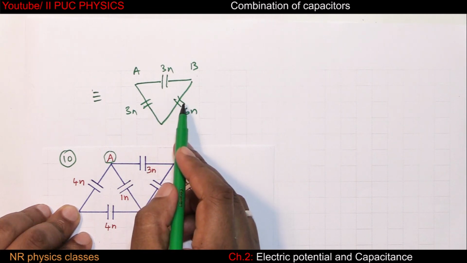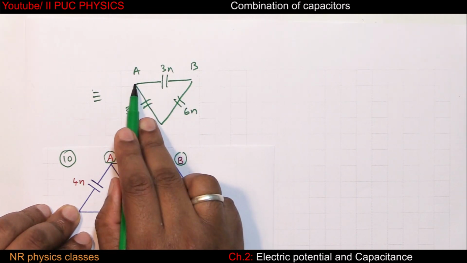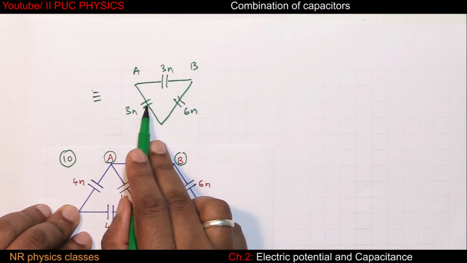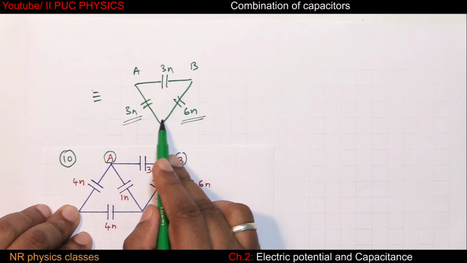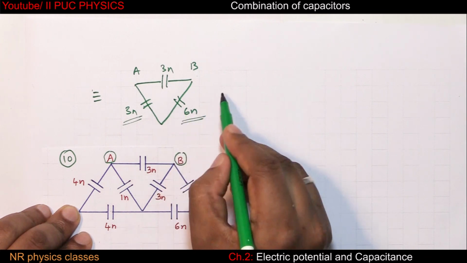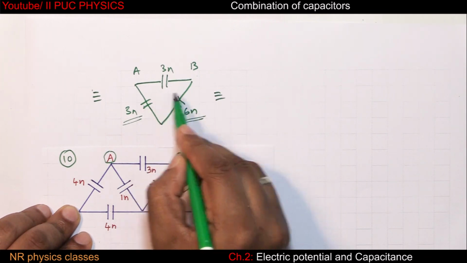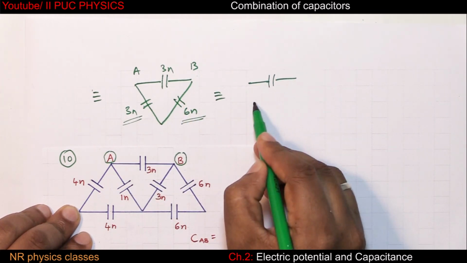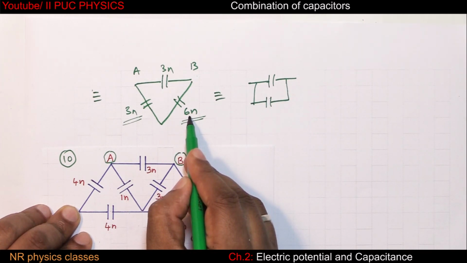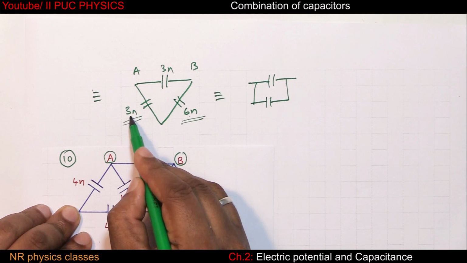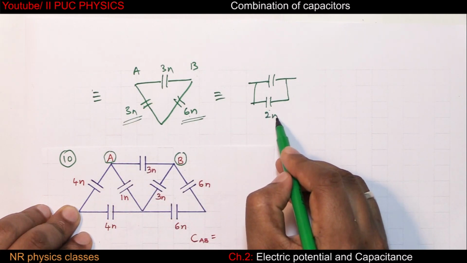Now this looks like a triangle problem. Since we want between A and B, first these two are in series. 6 and 3, these two are in series, which gives 2. So the equivalent is 6 nano and 3 nano in series, which gives 2 nano.